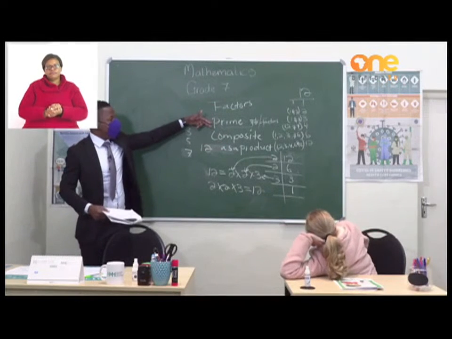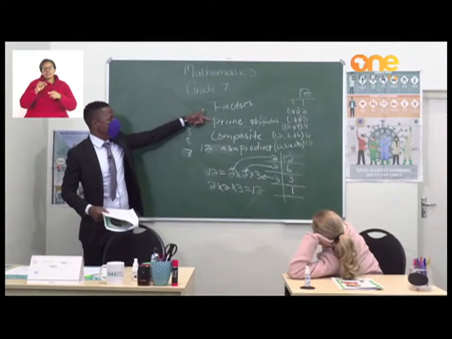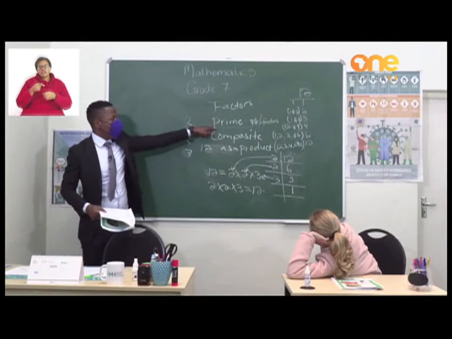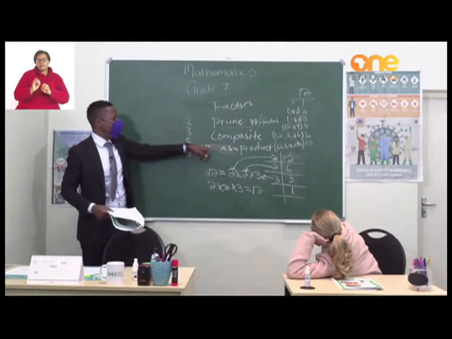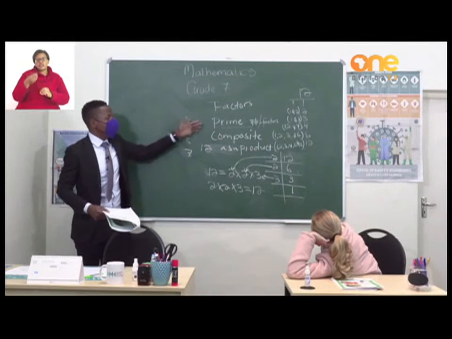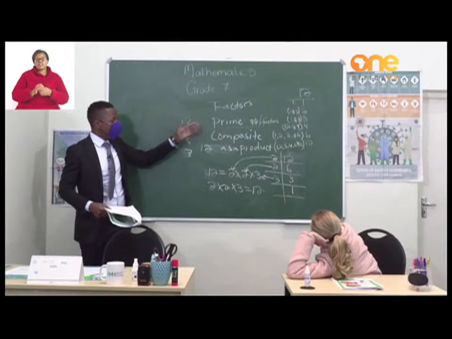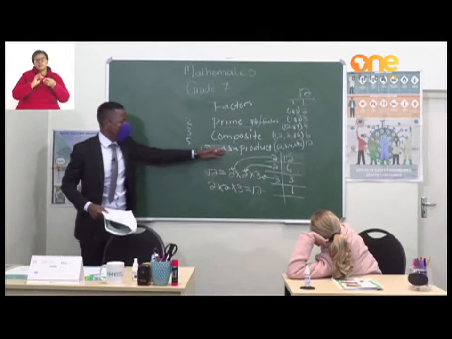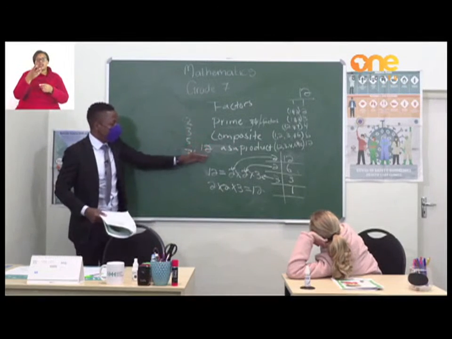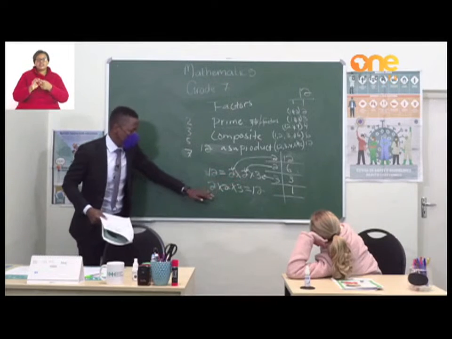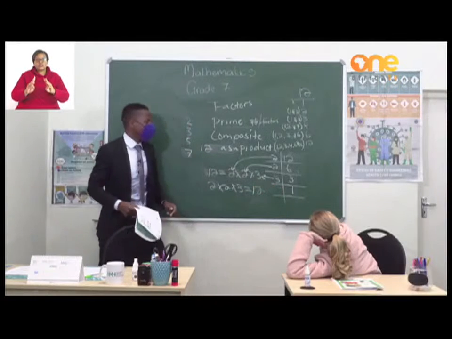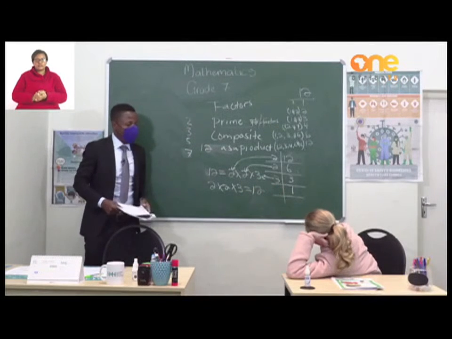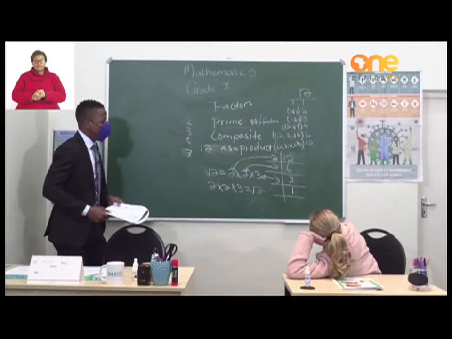A factor is a number that goes into a number without leaving a remainder. A prime number has 2 factors, one and itself. A composite number is a number with more than 2 factors. Writing as a product of its prime factors, you do it this way, but you need to show your work on how you get the answer.